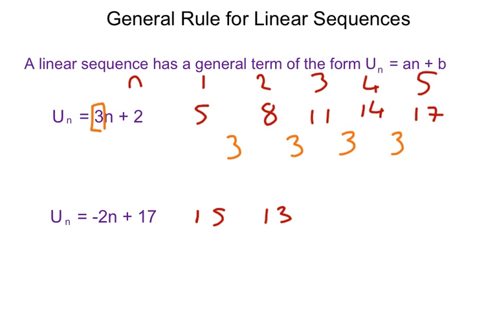When n is 3, it's minus 6 plus 17 gives us 11. Then we get 9, and then we get 7. And once again, if we look at the differences, this time it's going down by 2, down by 2, down by 2, and down by 2. So we have negative 2 as our difference, and negative 2 is what's multiplying the n.